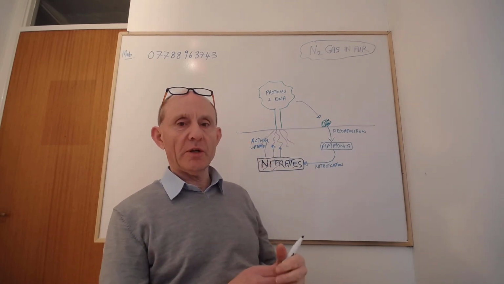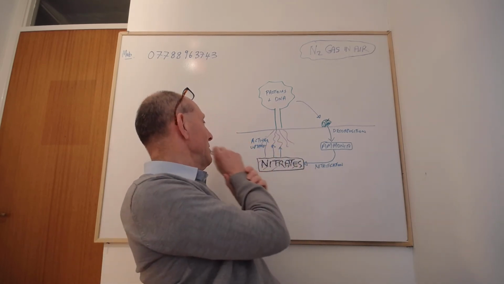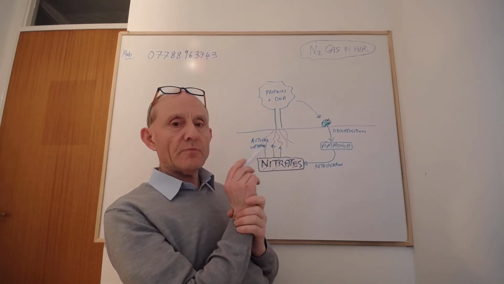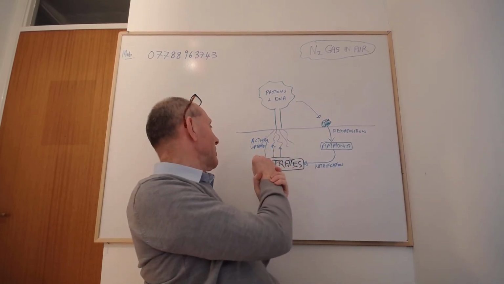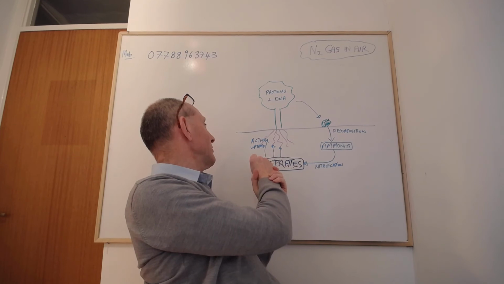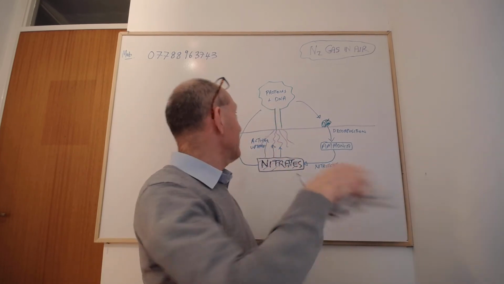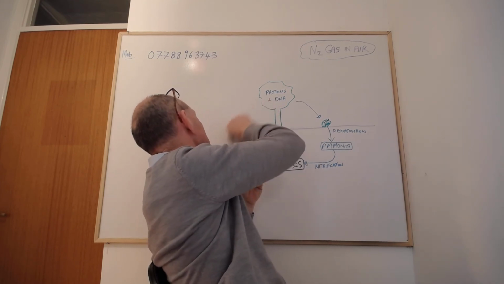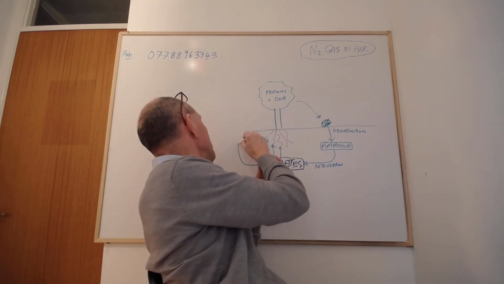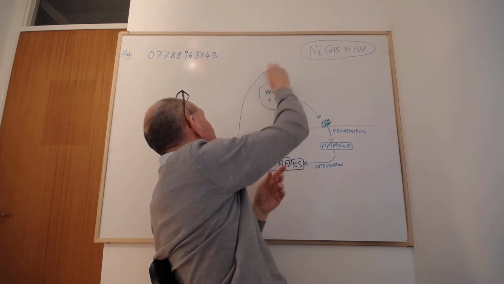Now, I'm going to show you the significance of that, because there is another process that can happen here. The other process I want to look at is called denitrification.